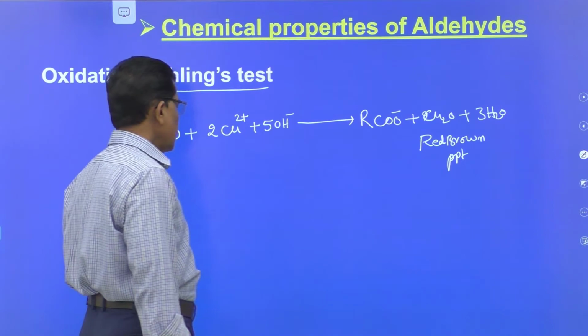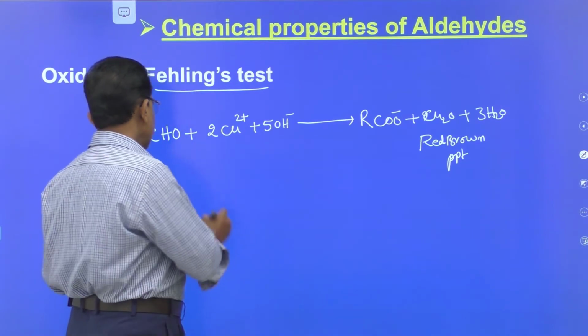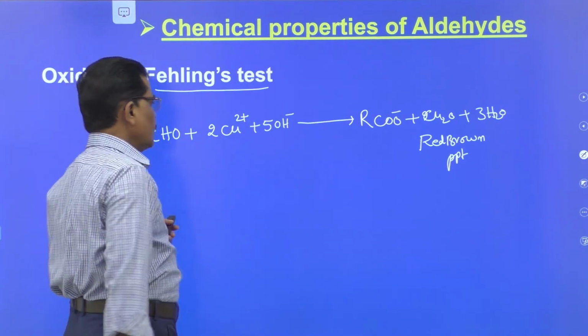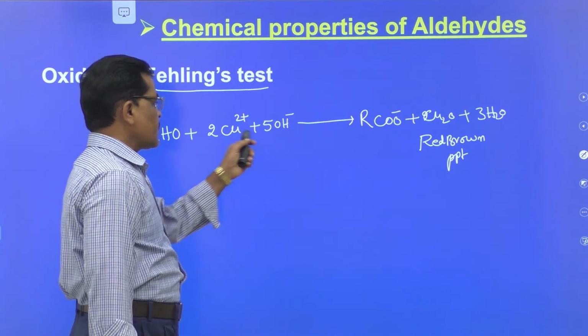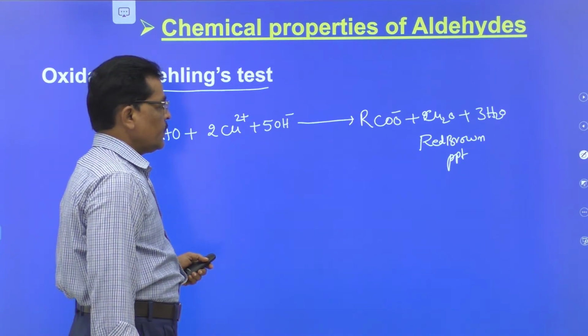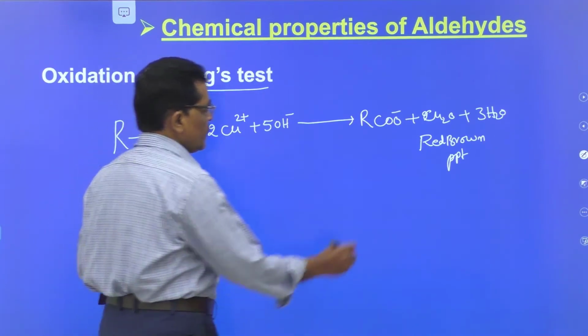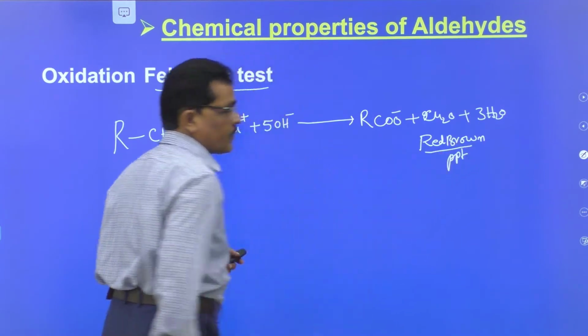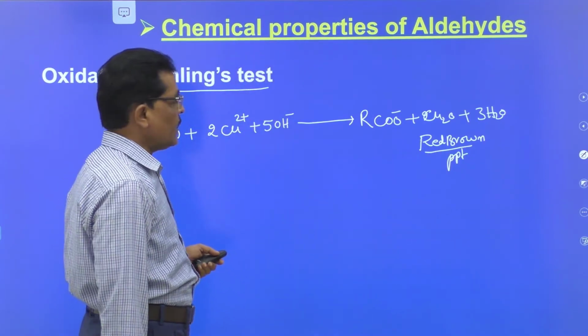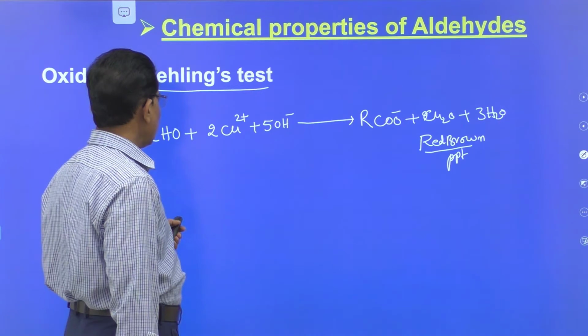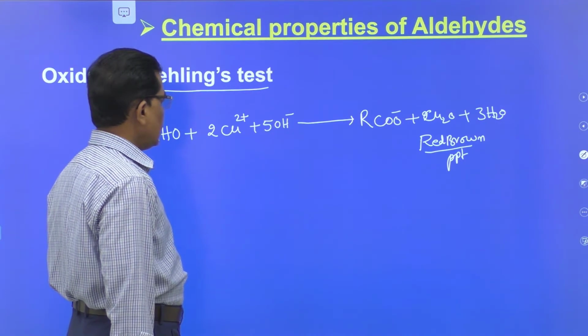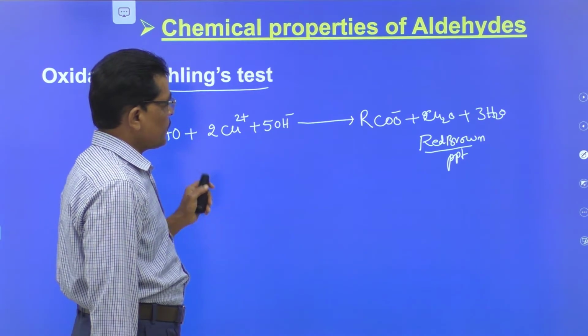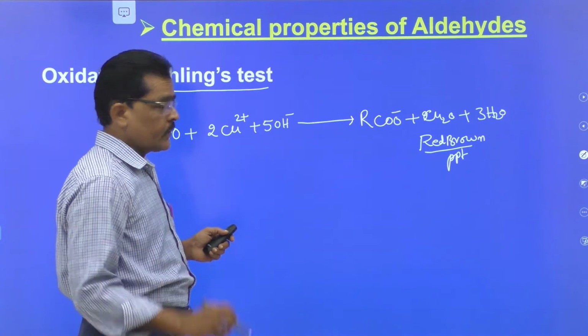So aldehydes are heated with Fehling's reagent in the presence of a basic medium, then you will get a red brown precipitate. This precipitate formation indicates aldehydes. Only aldehydes show this type of reaction, not ketones.